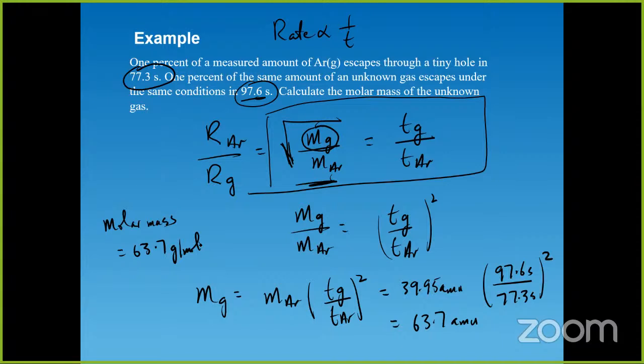So if you see the question say something like how long or it takes this long, it's talking about time of effusion. If the question refers to something like how fast, then it's talking about rate. So it's very important that you understand that when you're reading these questions, as you're going to see in some of the assignment questions based on Graham's law.